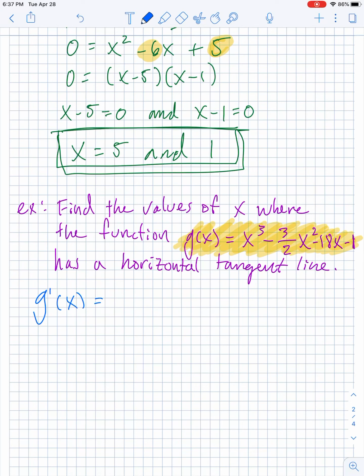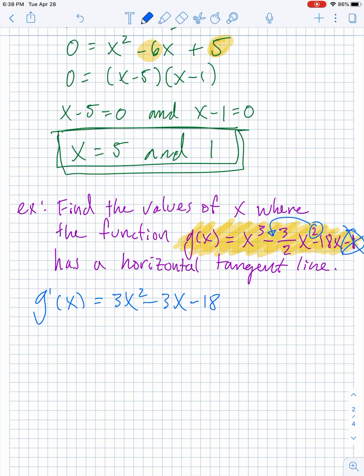G prime of x is equal to 3x squared minus, when the 2 comes out in front with the 2 times the negative 3 halves, the 2's on the top and bottom cancel out, so you just get minus 3x and then minus 18, and remember to forget about the negative 1.